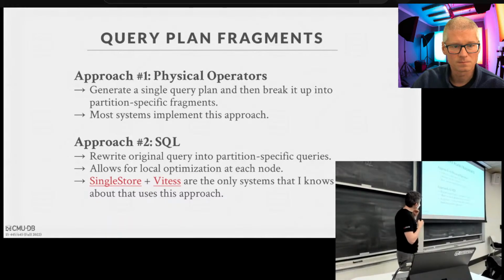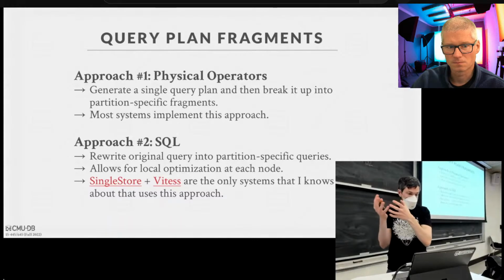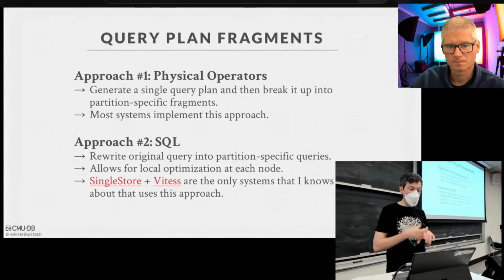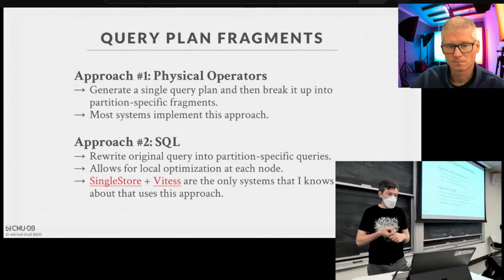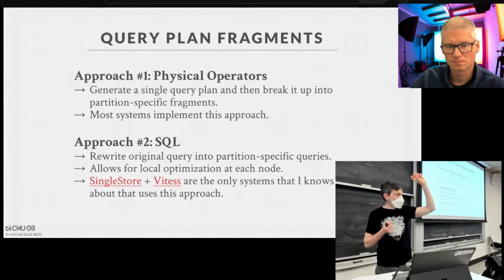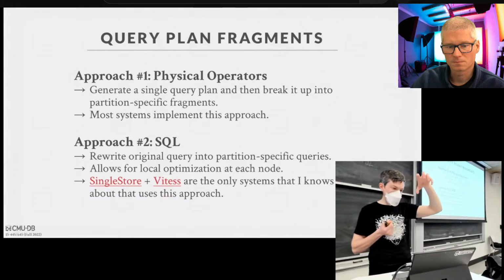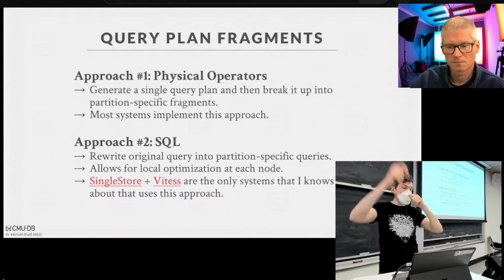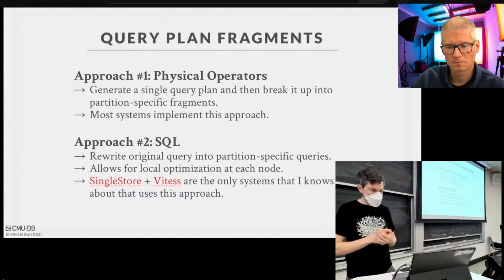The first is we can send the physical operators, like we showed before when we talked about pipelines, where I could break up the query plan into successive physical operators and send that down, and then the other system just takes the query plan and executes it as defined on the data that it has locally. And this is what most systems do. A SQL query shows up once, you parse it, plan it, generate a bunch of query plan operators, break them up and assign them to different physical nodes, and then send those out.